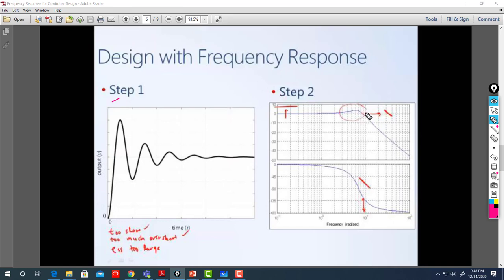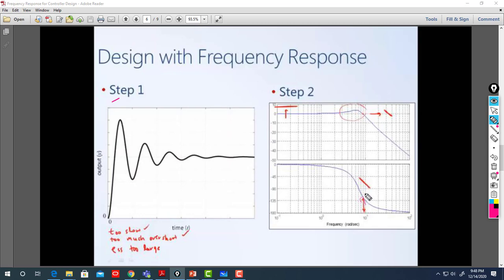So I design a controller to reshape it, to relocate this way. Also, if there is too much overshoot, how to reduce the overshoot? We need to increase the phase margin. So instead of having the phase margin here, maybe we have it here.